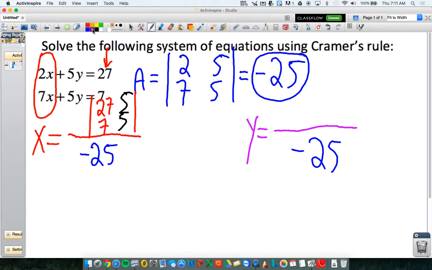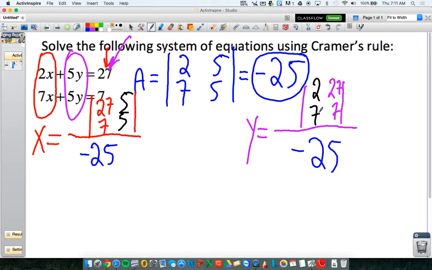To set up your y matrix, it's the exact opposite. We need to replace the y column with our constants, 27 and 7. And we need to leave our x coefficients just as they are, 2 and 7.